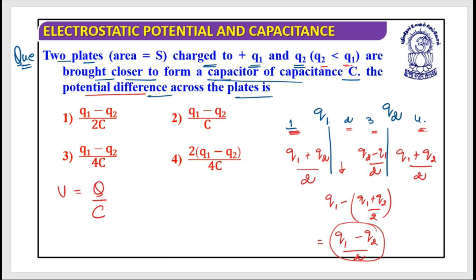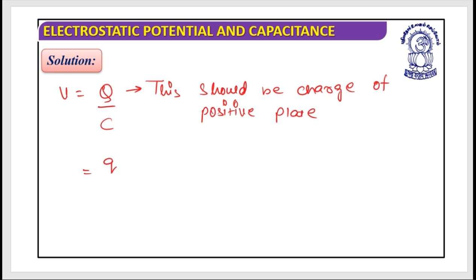They have said that Q1 is greater than 0, so it is the positively charged plate, and this would be the negatively charged plate. So that should be equal to (Q1 minus Q2) divided by 2C, and that's it. This should be the answer.